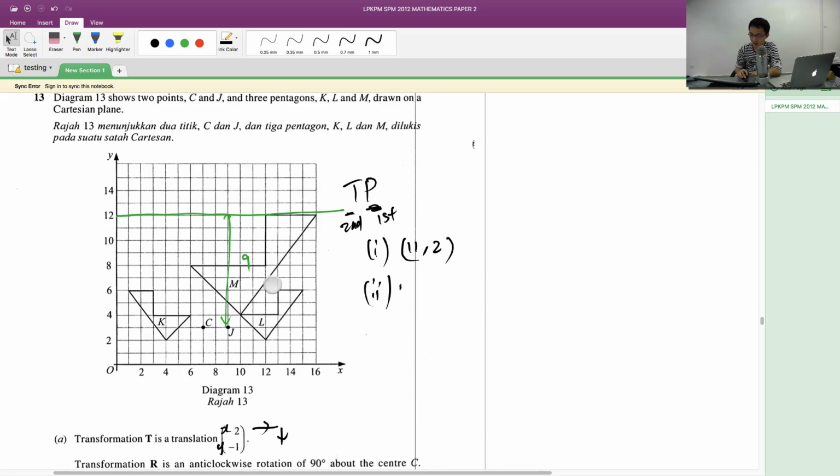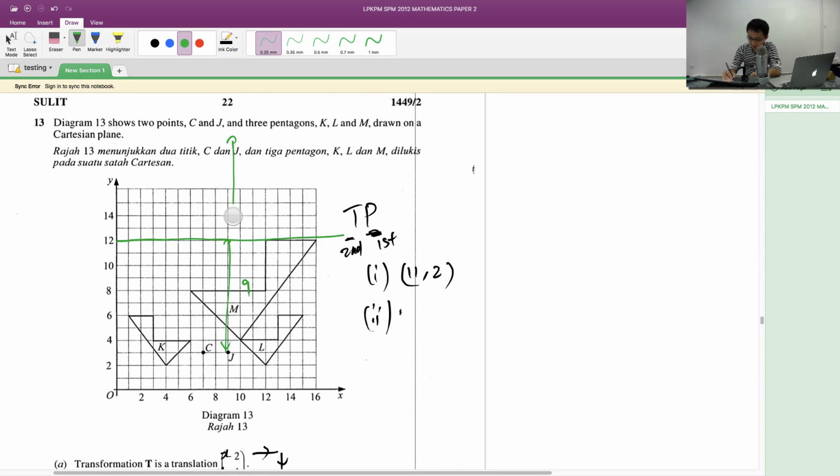So I will go 9 units here, and after you go 9 units, you get 12 plus 9 is 21. So your coordinate now is (9, 21).